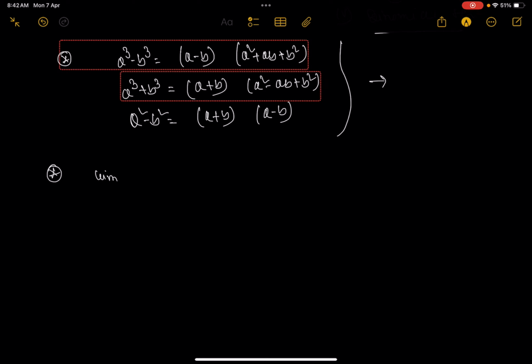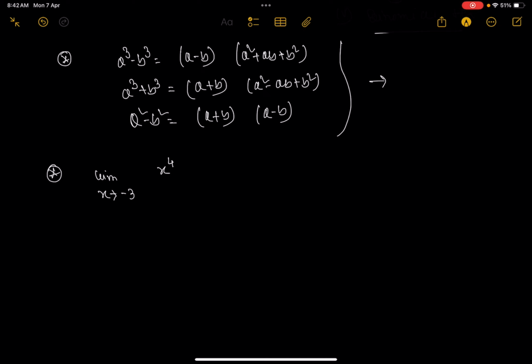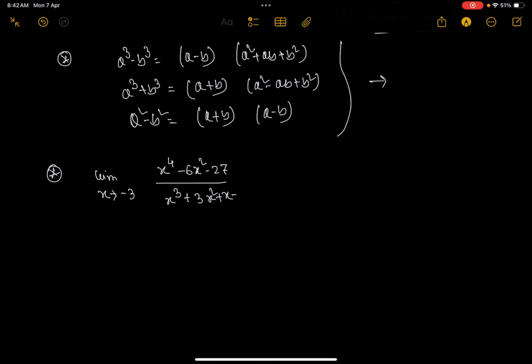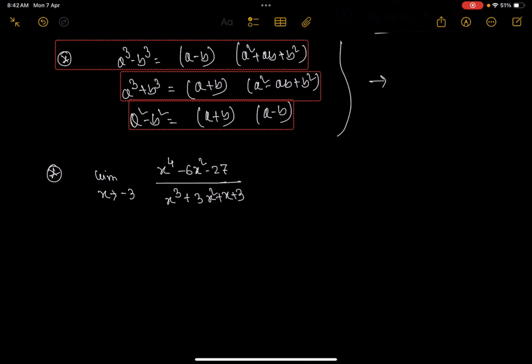Limit x tends to minus 3, x to the power 4 minus 6 x square minus 27 by x cube plus 3 x square plus x plus 3. This we also solve as a factorization problem.